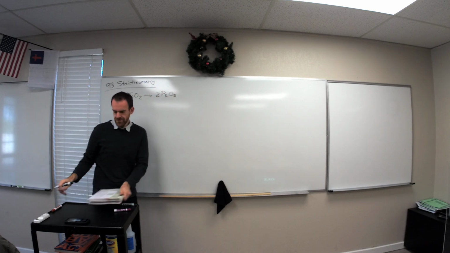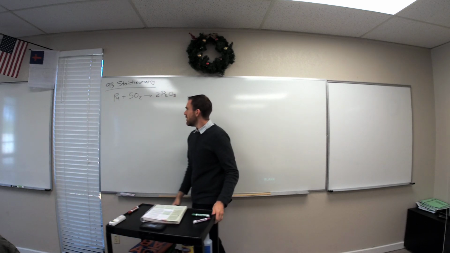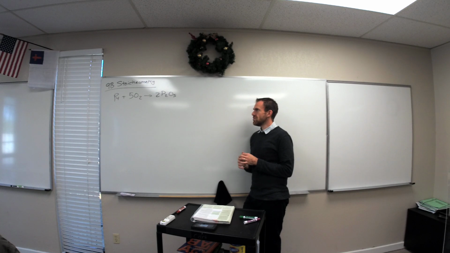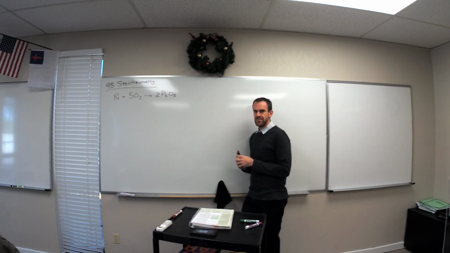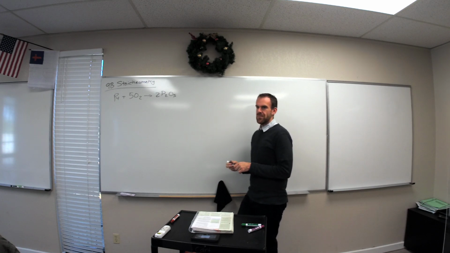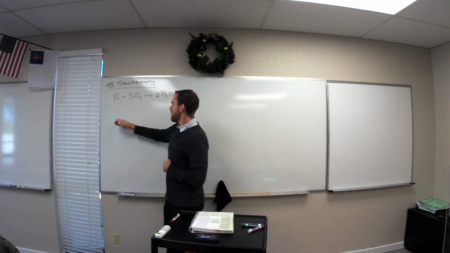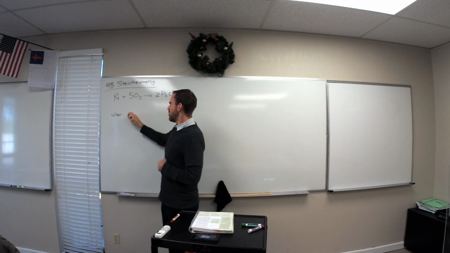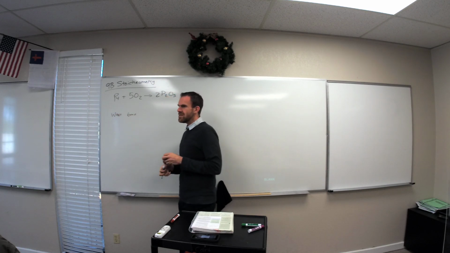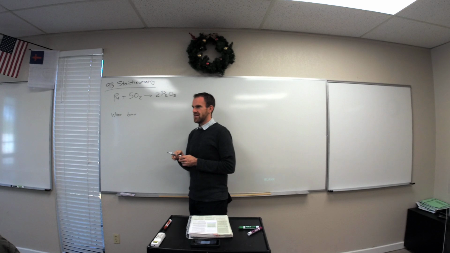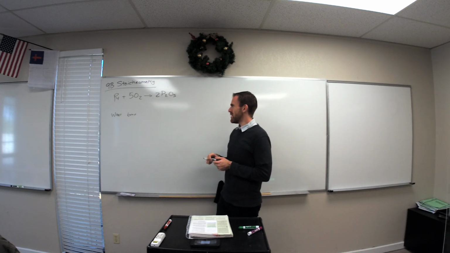So we have P4 plus 5O2 makes 2 P2O5. Sound good? Now, here is the question. If I want 6 mole, what is this called? Diphosphorus pentoxide.